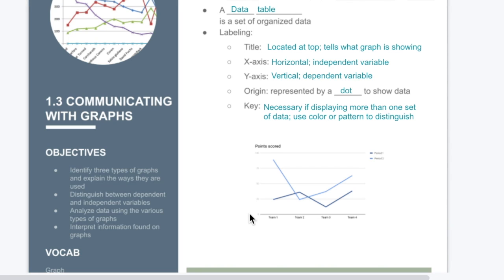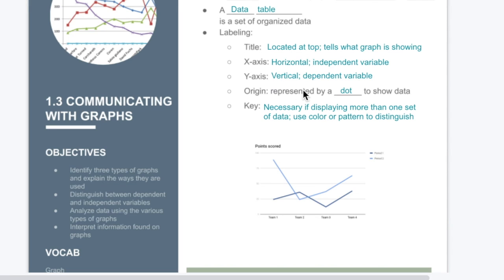For example, on this graph we have points scored and the different teams. The different teams are independent, so that's what's changing. And then what we're measuring is how many points they scored, so that's on the y-axis.